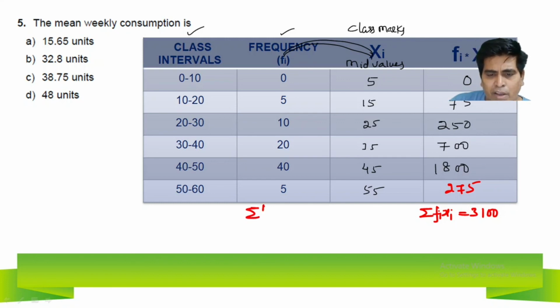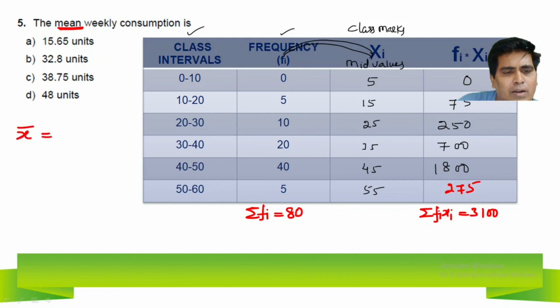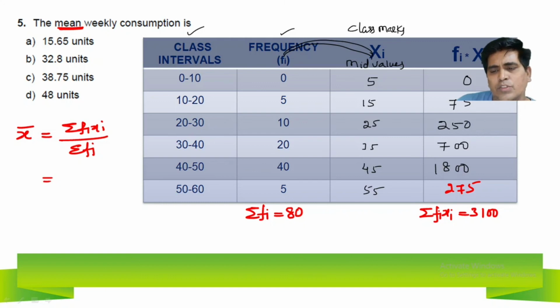And sigma fi, it is already clearly told that it is 80 families for colony B. The survey is for 80 families, so sigma fi is 80. So what is the mean formula? The formula of mean is x bar is equal to sigma fi xi by sigma fi. So clearly you have to divide this by this.